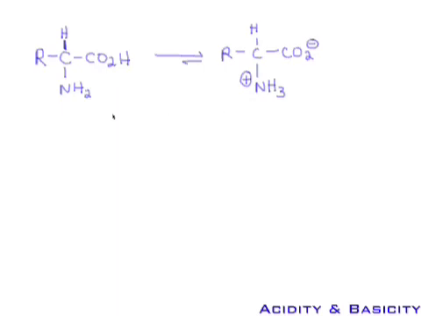Now, which side of this equilibrium has the greatest concentration would depend on the acidity. That is, the CO2H, is it a stronger acid than the NH3+? See, NH3+ is the conjugate acid of the base NH2. So who's stronger, the acid or the conjugate acid? Indeed, NH3+ is a weaker acid than CO2H. Hence, as I've drawn, the equilibrium shifts to the right. So when you take an aqueous solution of amino acid, you're actually measuring the acidity of NH3+.